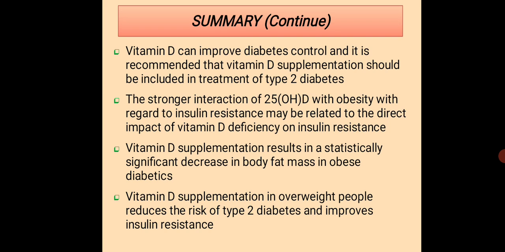The stronger interaction of 25-hydroxy vitamin D with obesity with regard to insulin resistance may be related to the direct impact of vitamin D deficiency on insulin resistance. Vitamin D supplementation results in a statistically significant decrease in body fat mass in obese diabetics. Vitamin D supplementation in overweight people reduces the risk of type 2 diabetes and improves insulin resistance.